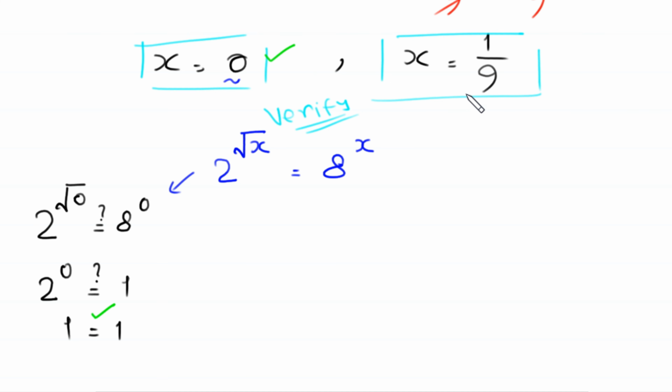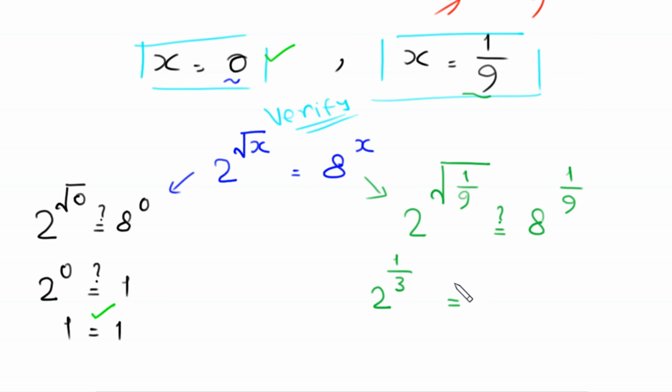Now when x is equal to 1 over 9, this equation will become 2 to the power root 1 over 9, is it equal to 8 to the power 1 over 9? Next, square root of 1 over 9 will become 1 over 3, so we have 2 to the power 1 over 3. Is it equal to, we can write this 8 as 2 cubed whole to the power 1 over 9?